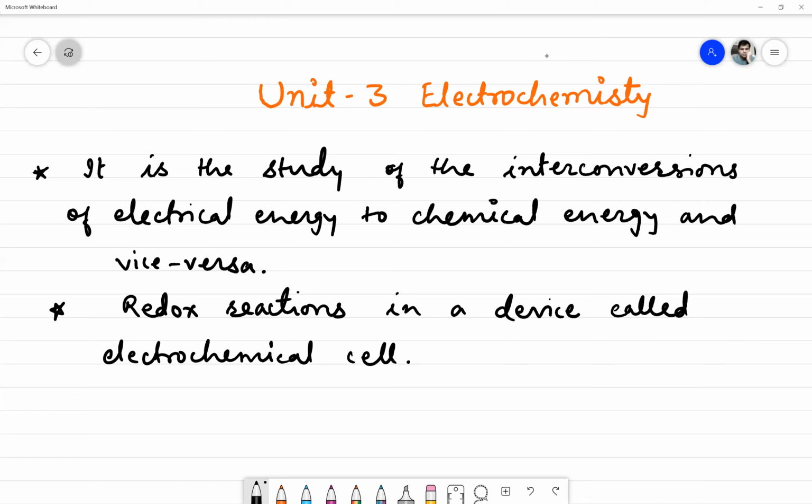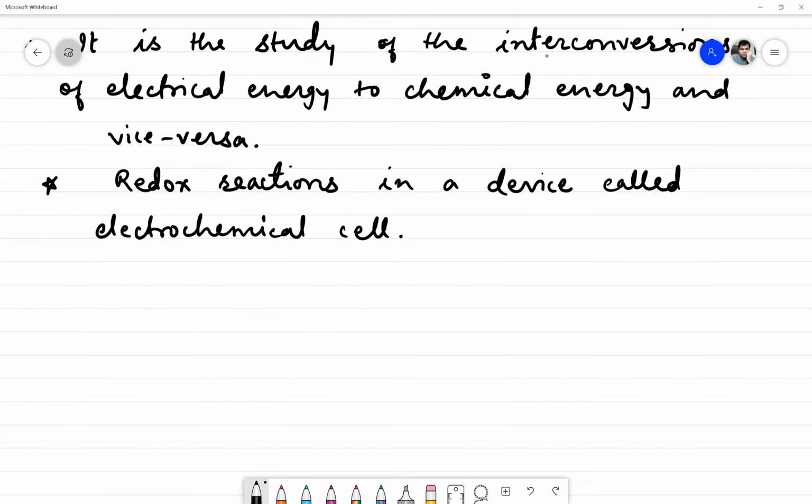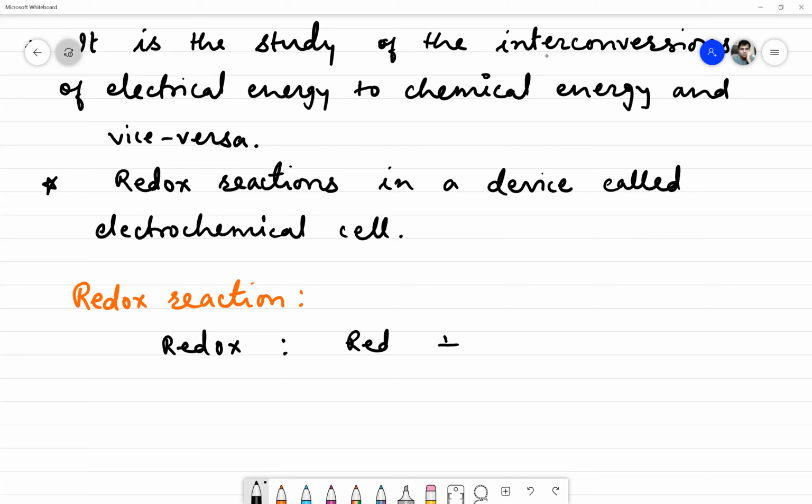So before going to the next topic, first we have to understand what is a redox reaction. Okay, and then we will discuss the electrochemical cells. So let's see what is a redox reaction. You can see this redox is actually a combination of two terms, red plus ox, where red stands for reduction and ox stands for oxidation.